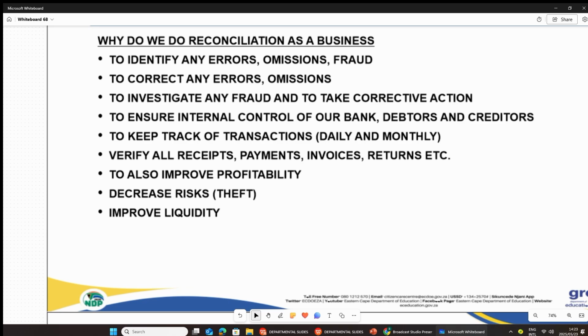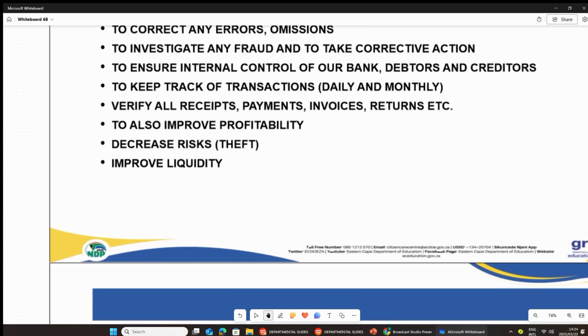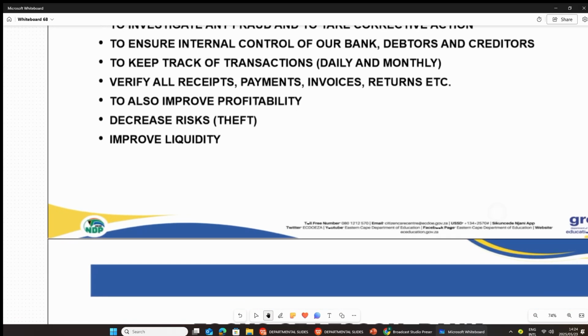Also, we need to ensure there's internal control of our bank, debtors and creditors, to keep track of transactions on a daily and monthly basis. We also have to verify all receipts, payments, invoices, returns, etc. It also improves profitability. What do I mean by that? Remember, if money is being stolen, it will affect the business profit.